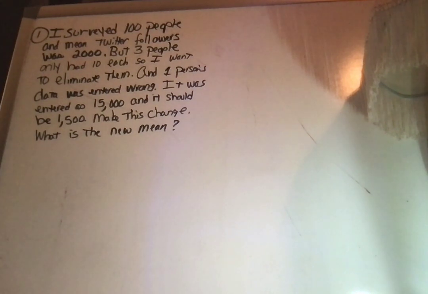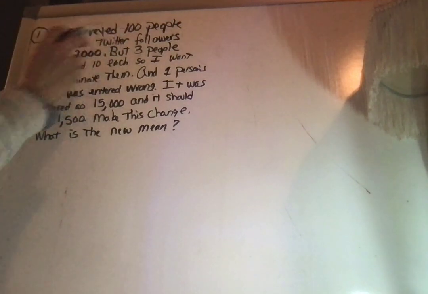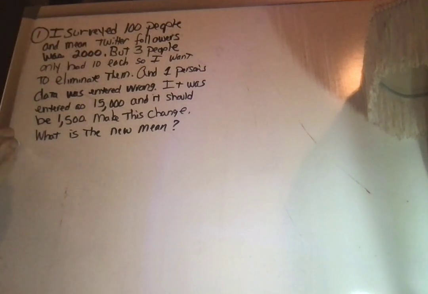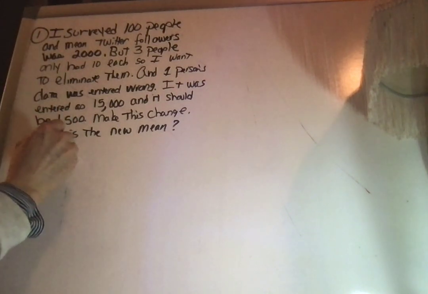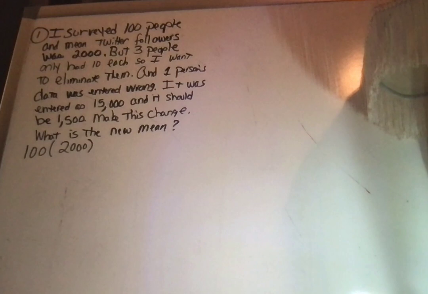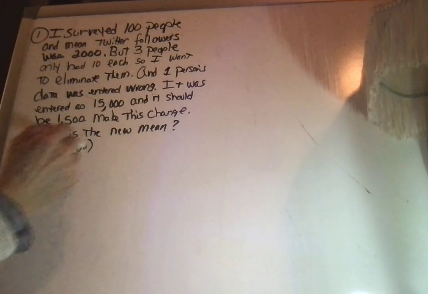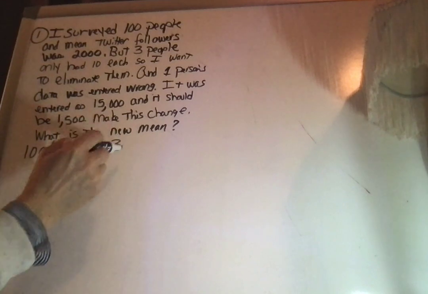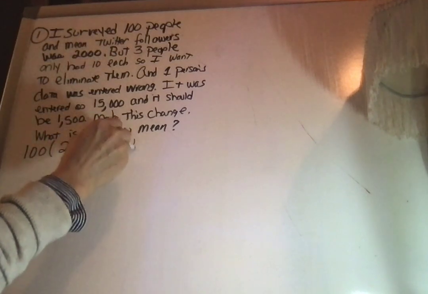All right, so remember the trick is you always have to get back to the sum, which is the n times the x bar. So 100 times the 2,000. That's that sum level, right? And you can make all the changes you want from there. So we have to kick out three people that had 10 each.